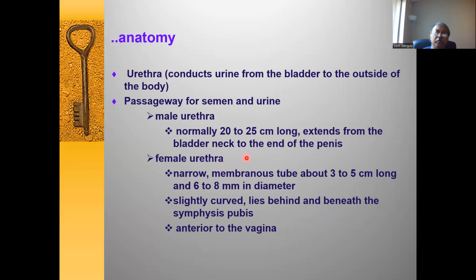Now, the female urethra is a narrow and short membranous tube, 3 to 5 centimeters. The urethra and bladder structure is anterior to the vaginal canal in the female, and in the male it is anterior to the rectum.